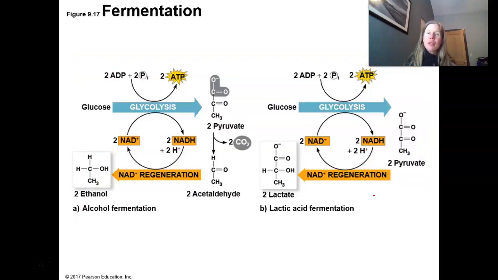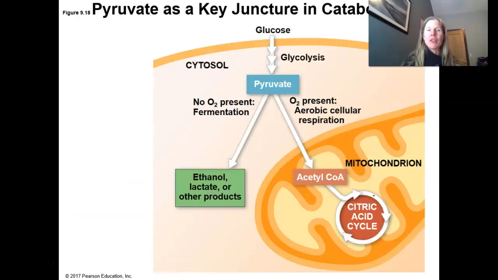Okay, so the other thing I did want to mention is fermentation. If there's oxygen present, when we have pyruvate at the end of glycolysis, we're going to send it to the mitochondrion and try to get as much ATP out of that glucose as possible, we'll go with 26, 28 with your textbook, because glycolysis only gave us 2 ATP, aerobic cellular respiration will give us the other 26 or 28.